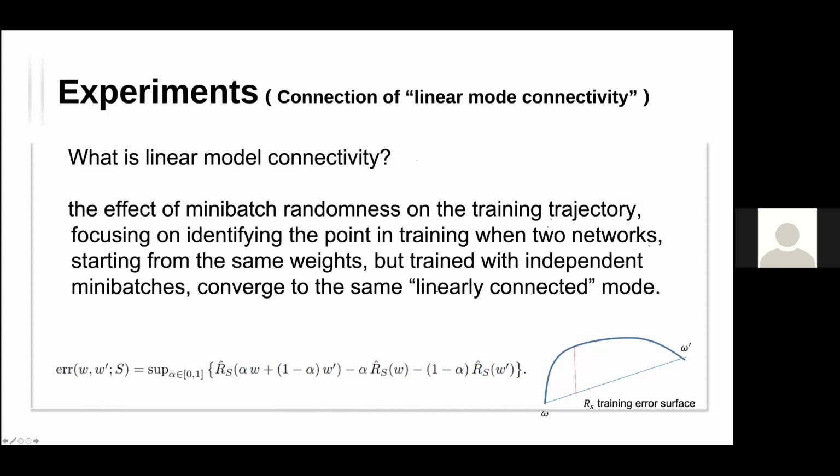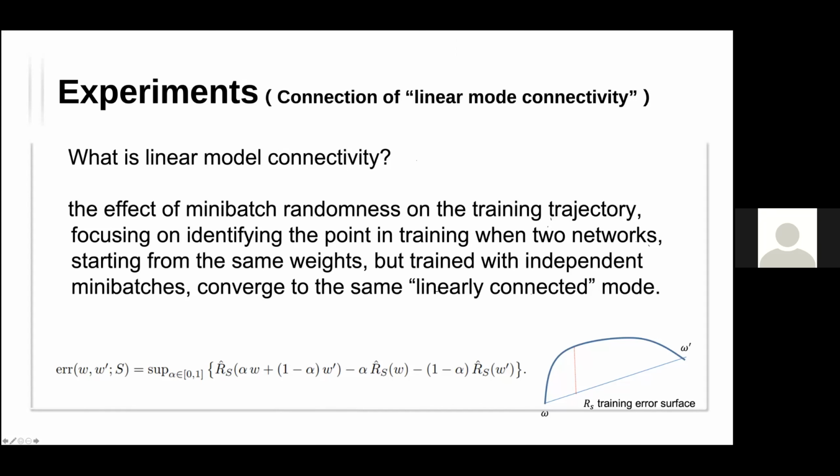That means your omega prime should... So if you use independent mini-batches, the weight should lie on this linear line between omega and omega prime, where omega prime is the converged network weight.